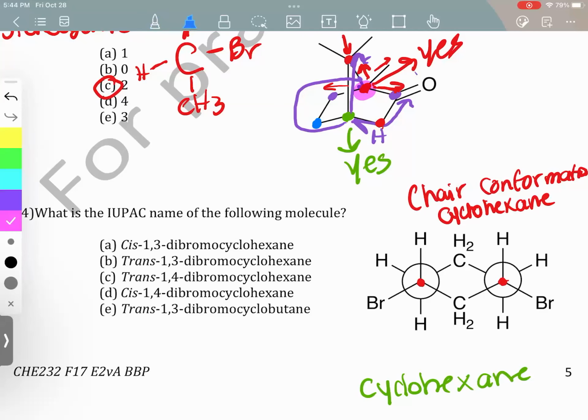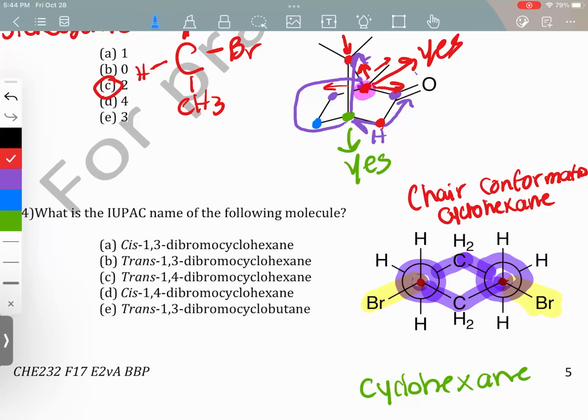Now, we know the longest carbon chain is 6. So 1, then 2 is this big one, 3, 4, 5, 6. We have a bromine substituent here and a bromine substituent here. So when we're numbering the carbons, we want to give the substituents small numbers.